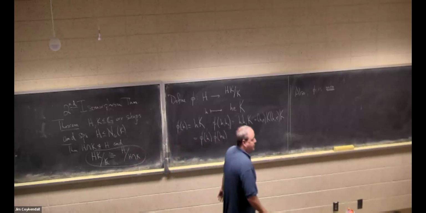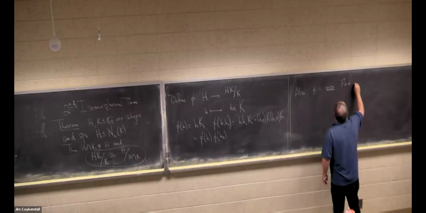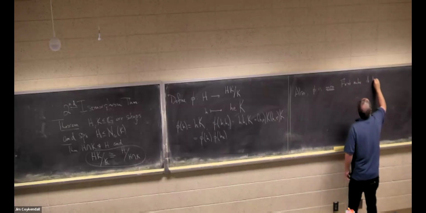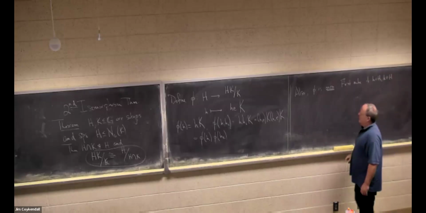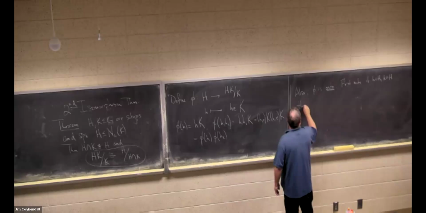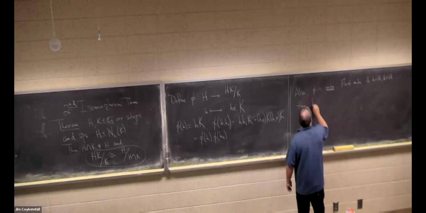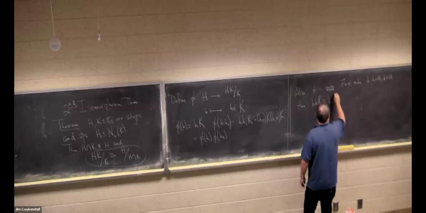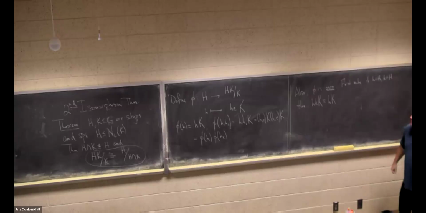Let me see what is true. First note, I'm going to make an observation. If h is in H and little k is in K, then these two cosets, hkK and hK, are exactly the same.